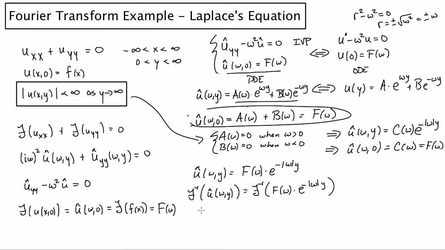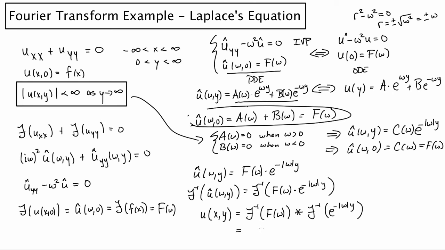Well, the inverse transform of the left-hand side is regular u. Omega gets transformed back to x, y stays the same. Here we're taking the inverse transform of a product of two functions of omega, so we know with the convolution property that we can split them across a convolution, or basically convolve them. And so we are looking at this convolution product.